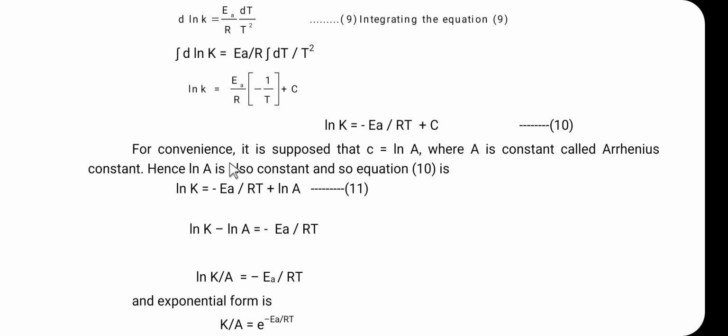So, for convenience, it is supposed that this constant of integration c can be considered as c equal to ln a, where a is a constant and this constant is called the Arrhenius constant. Hence, ln a is also constant. So, equation 10 can be written as ln k is equal to minus EA by RT plus ln a. This is equation number 11.